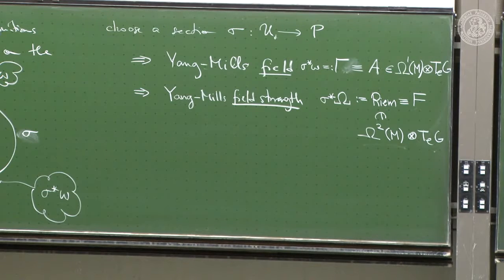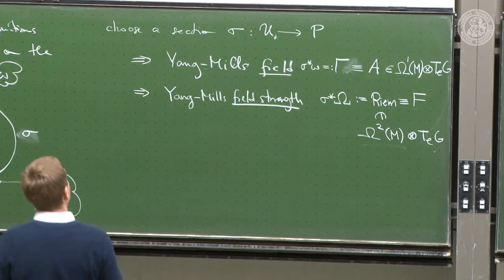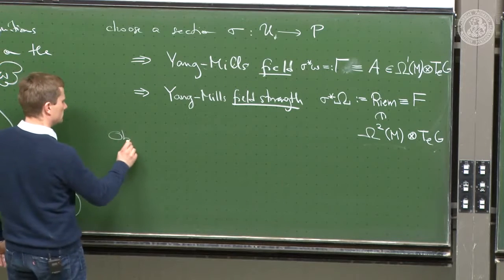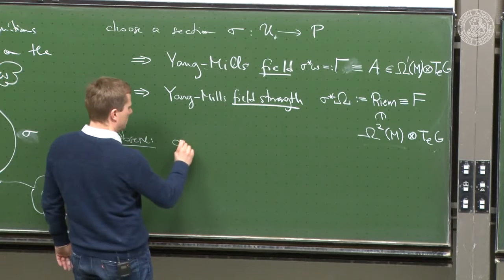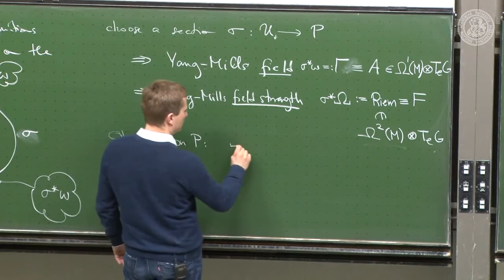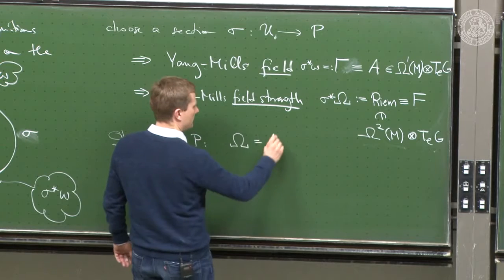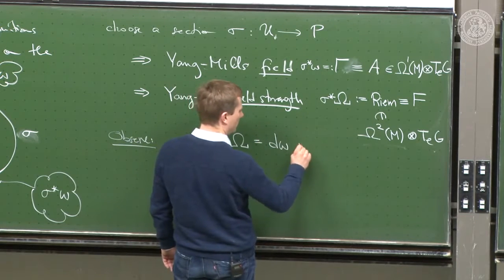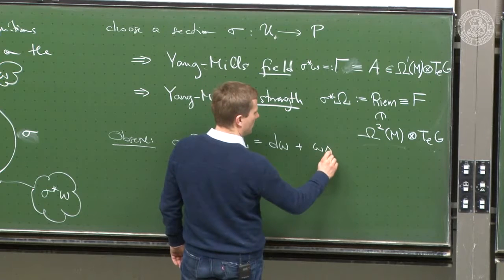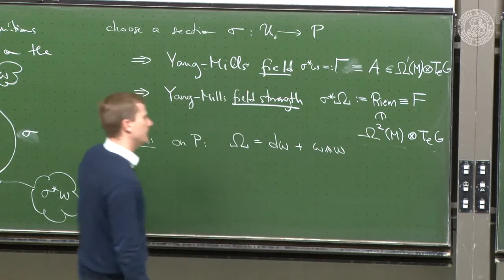And so now, after you did that, you of course observe the following. We had on the principal bundle, on P, this 2 form that is the exterior derivative of the Lie algebra valued 1 form plus the double wedge here. Okay?